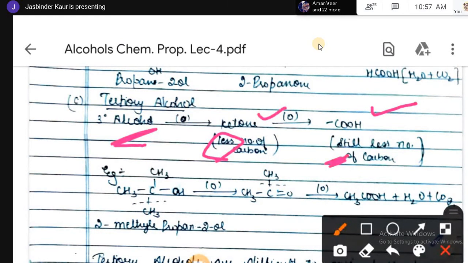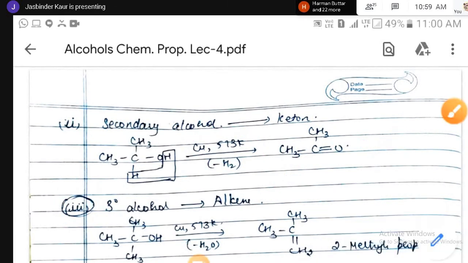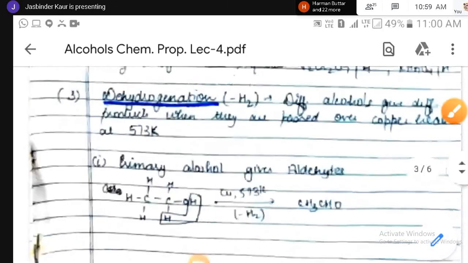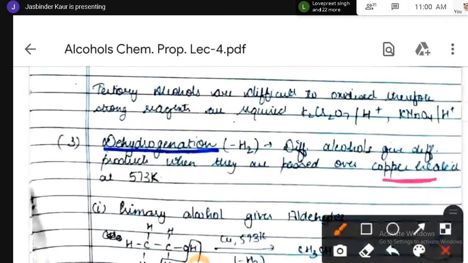So taking an example, it is a tertiary alcohol that gives ketones or aldehydes, and it gives alkenes as a product. These three reactions can be asked in a single question, that is, explain dehydrogenation in primary, secondary, tertiary alcohols or in different types of alcohols. So dehydrogenation is done with copper at 573 Kelvin.